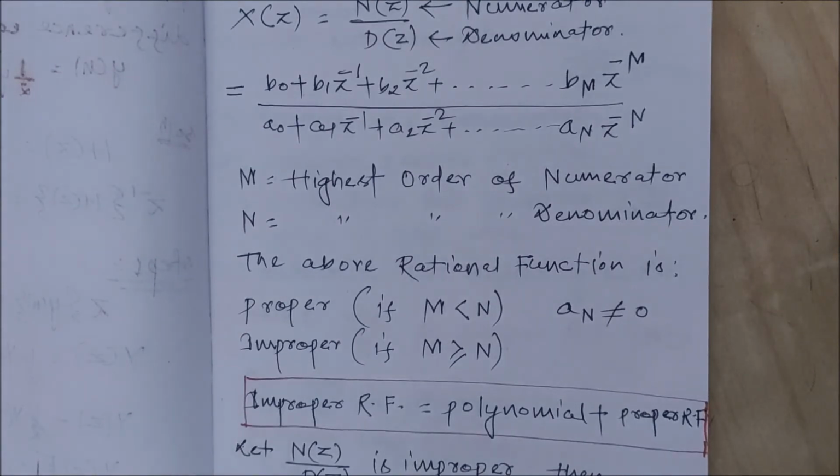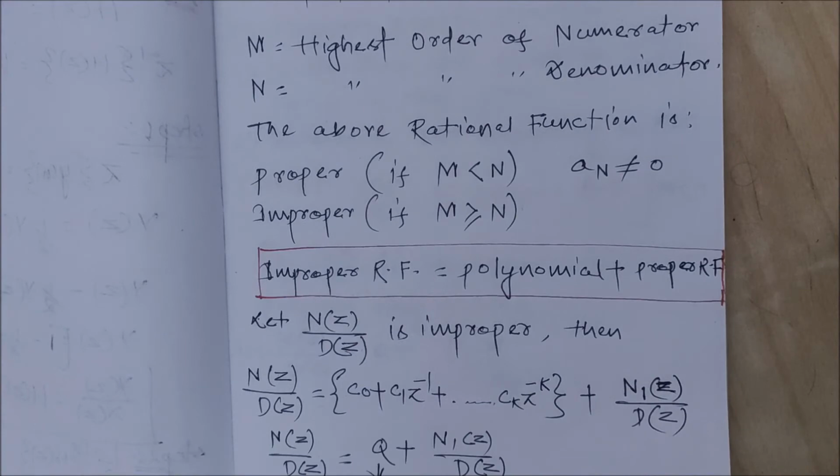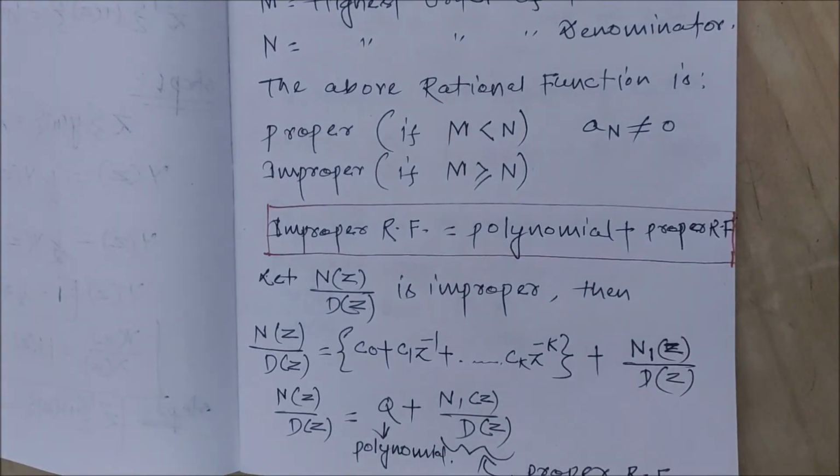Now any improper rational function can be represented by the summation of some polynomial plus a proper rational function. So let us see how to convert an improper rational function into a proper rational function. For this we need to perform long division, and with the help of long division we get the numerator by denominator equal to c0 plus c1 z inverse up to ck z to the power minus k, which is a polynomial, plus N1(z) by D(z), a new function.